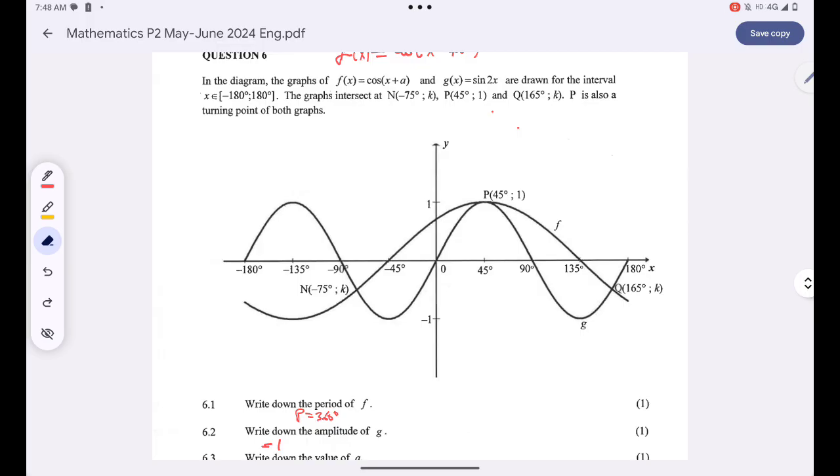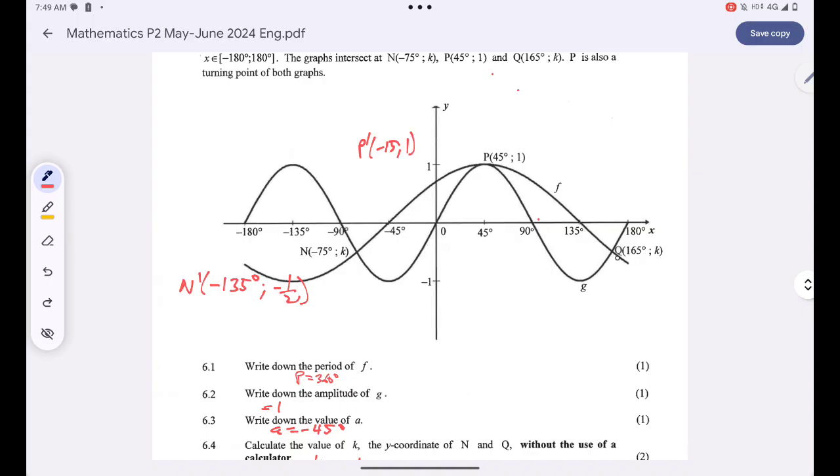Such that the image of P will be negative 15 and 1. The image of N will be negative 135 and k, that's negative half. And Q is shifted 60 units to the left, so the image of Q will be 105 and negative half.